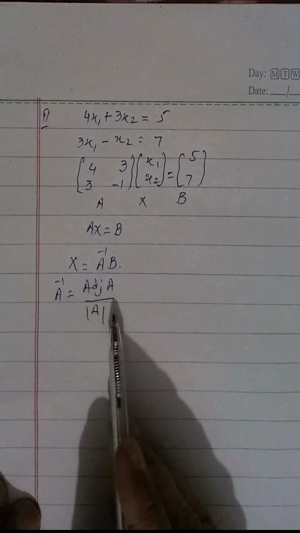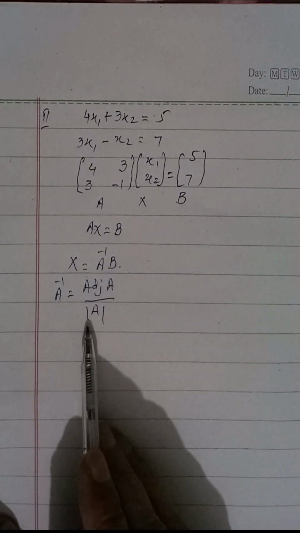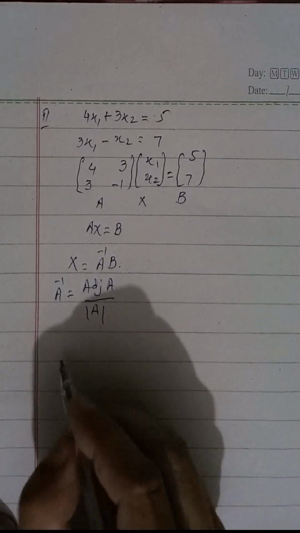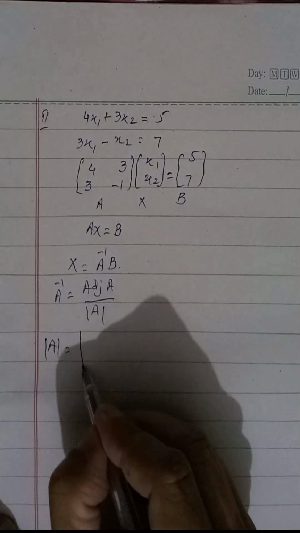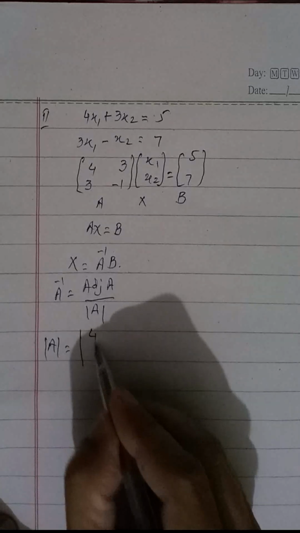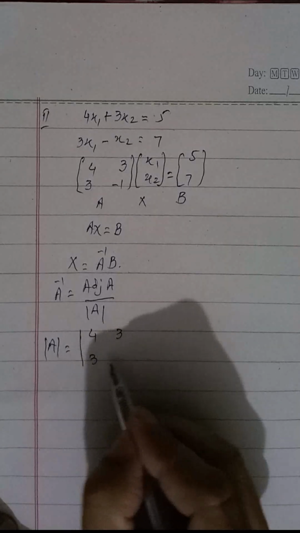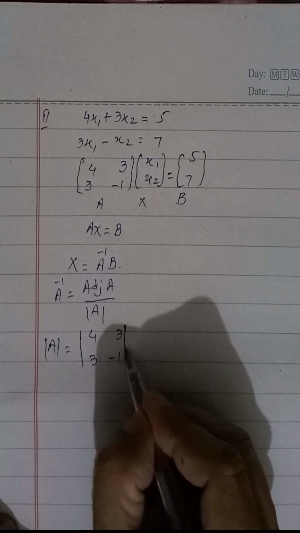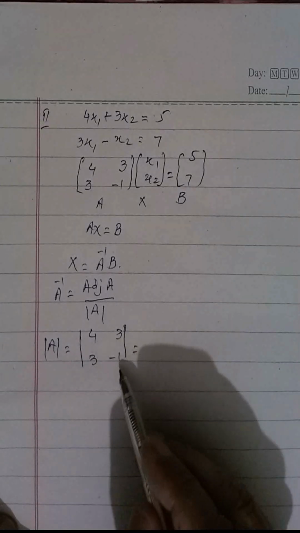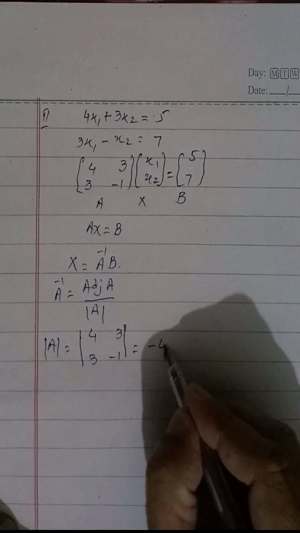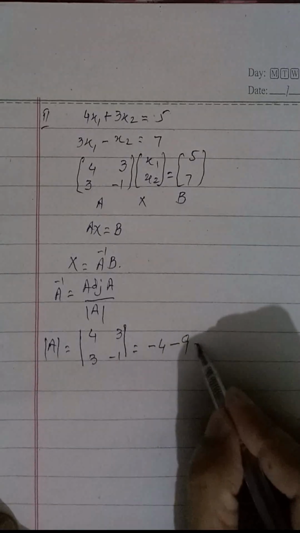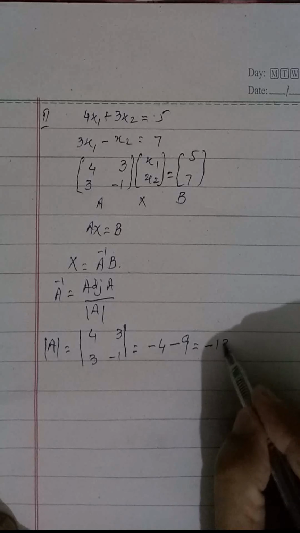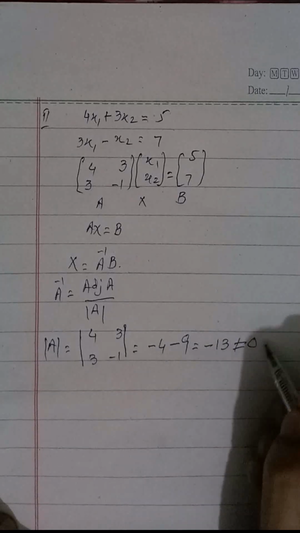Before finding A inverse, we first find the determinant of A, which is the determinant of [4, 3; 3, -1], equal to 4 multiplied by minus 1 is minus 4, and minus 3 threes are 9, which is equal to minus 13 and not equal to 0.